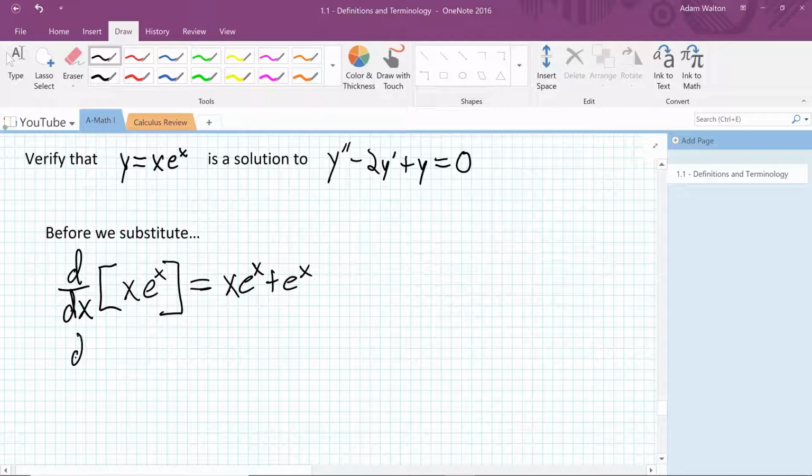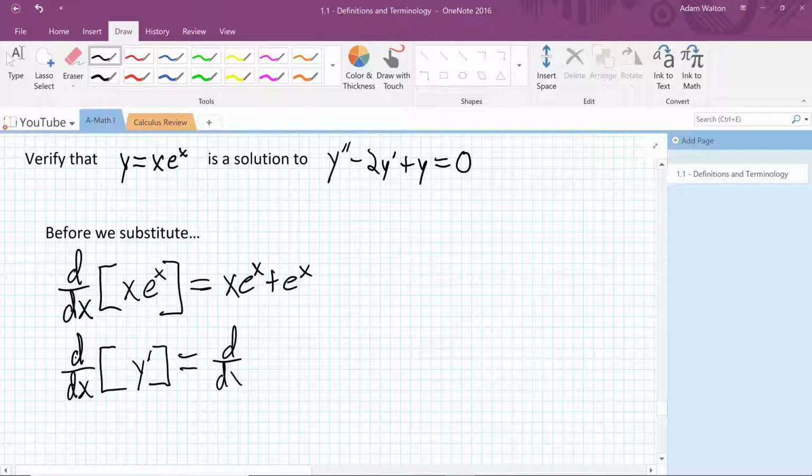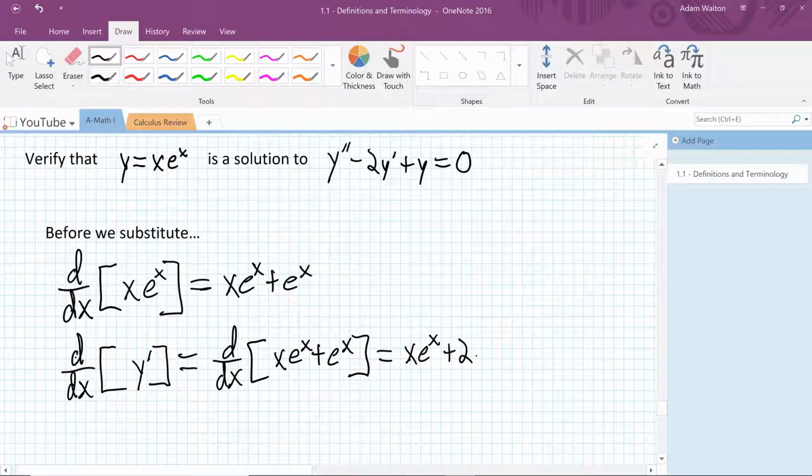And then the second derivative is just going to be the derivative of our first derivative. So that's just going to be the derivative of x e to the x plus e to the x, which is equal to x e to the x plus 2e to the x, right?